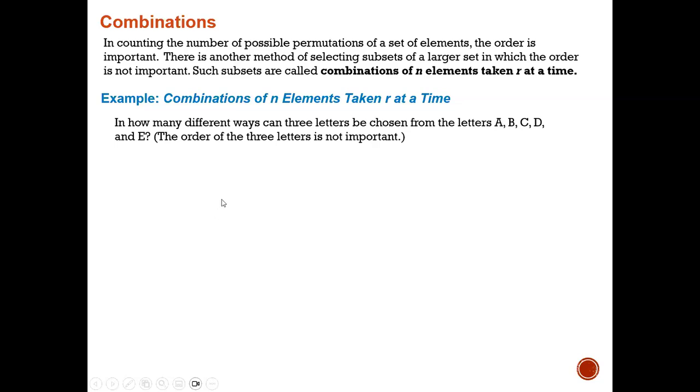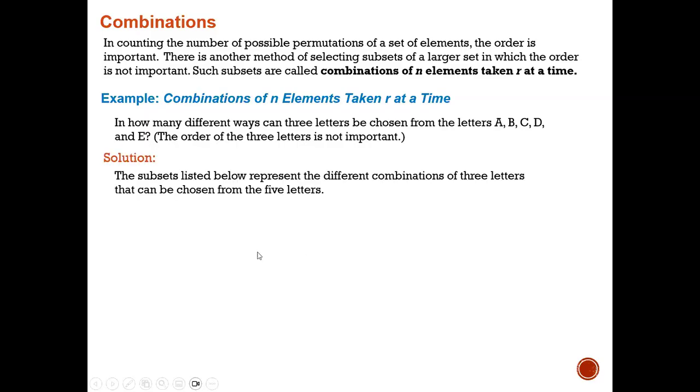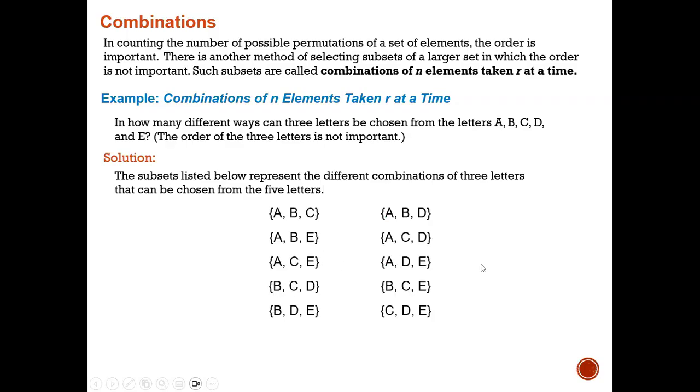Okay, so let's look at some of these right here. How many different ways can 3 letters be chosen from these letters A, B, C, D, and E? Again, the order is not important. The subsets represent the different combinations of 3 letters that can be chosen. This is the answer here. How many ways can we choose 3 letters from all of these?